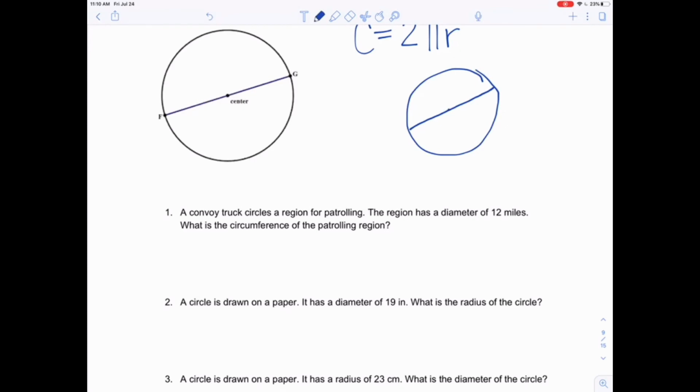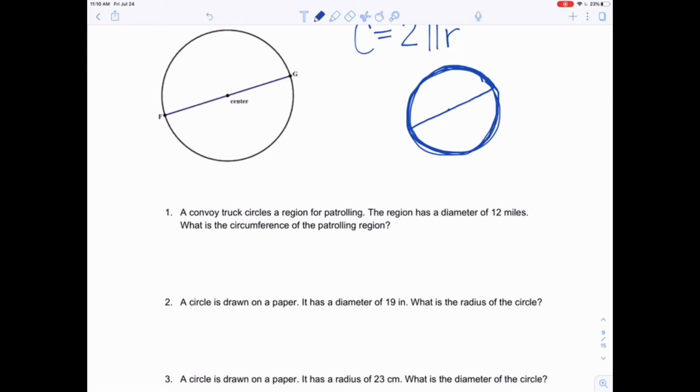The center of the circle is there. So the convoy truck is patrolling this region. It's going around in circles like this in this region. So the question is, what is the circumference? If we find the circumference, that tells us the distance that the convoy truck is traveling around the circle.